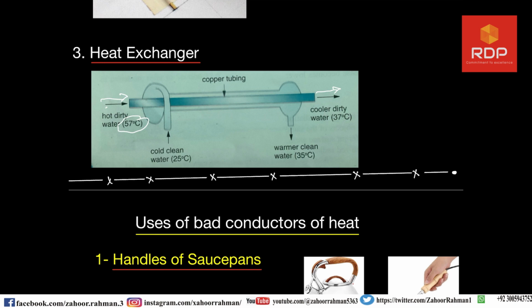This is a particular part of that heat exchanger. So clean cold water is entering in this area, and then the warmer clean water is coming out from this outlet portion.